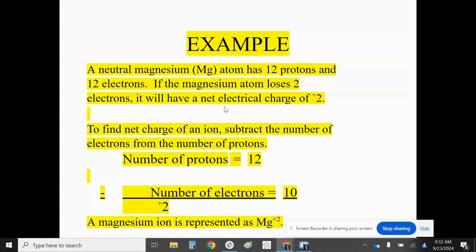Remember, it wants to have 8. Anything in groups 1, 2, or 13 are going to lose their valence electrons in order to become stable. In this case, magnesium will lose its 2 electrons. When it does that, it leaves it with an overall positive 2 charge because now it has 2 protons that are not going to cancel out because of the loss of those 2 negative charges.